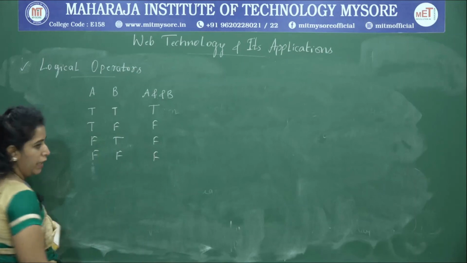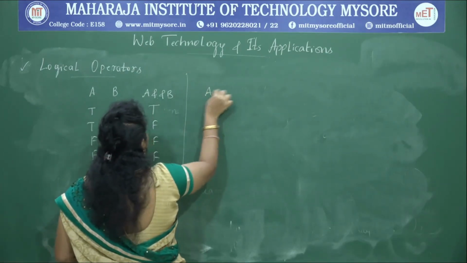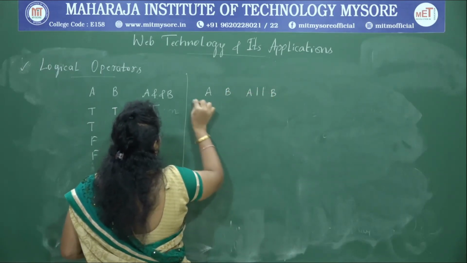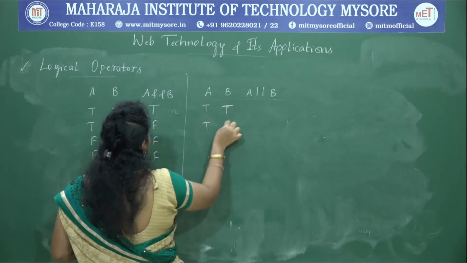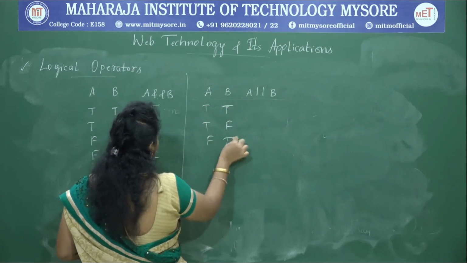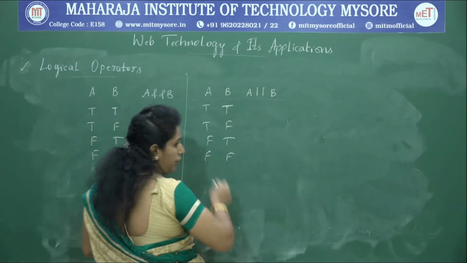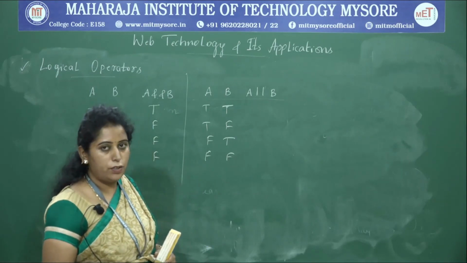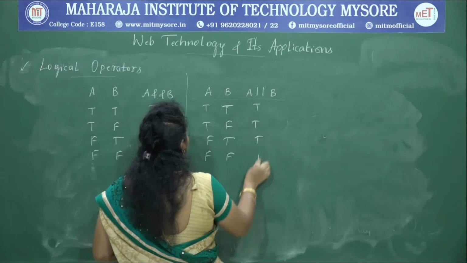This is logical and. So coming to logical or. So what happens here? True, true: true. True, false: true. False, true: true. False, false: false. In case of logical OR, if one of the operands returns true, then the result will be true.